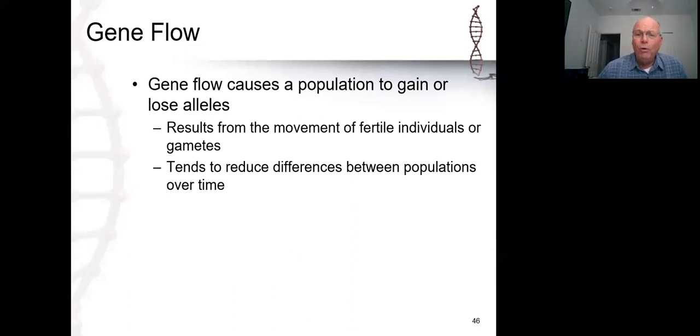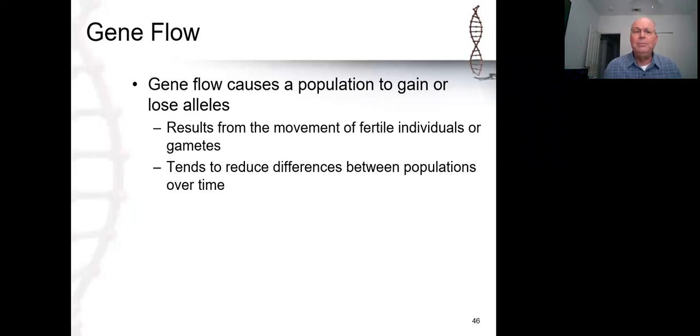But gene flow can also serve to prevent evolution of a population by bringing in alleles that may have occurred in one population into a population that doesn't possess those alleles. So now those two populations, rather than being different from each other, tend to be more similar to each other because they contain the same set of alleles.